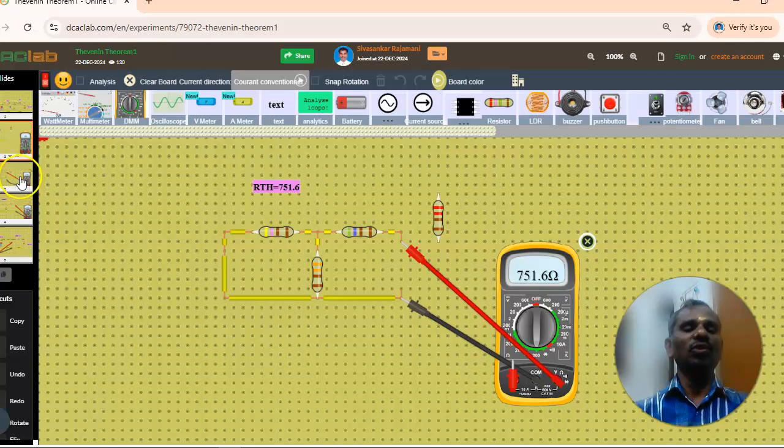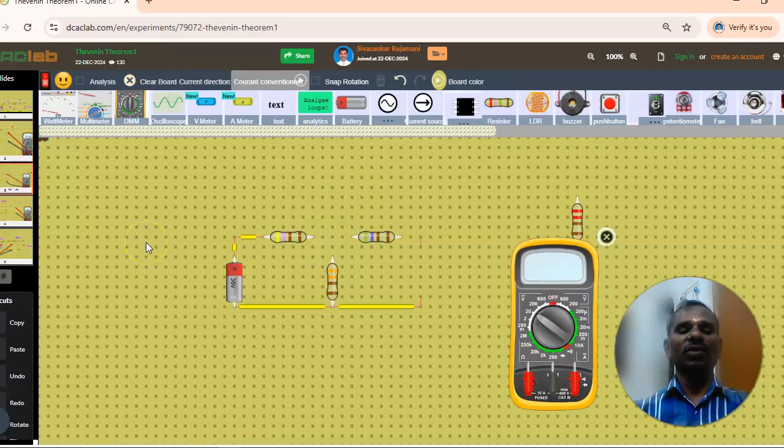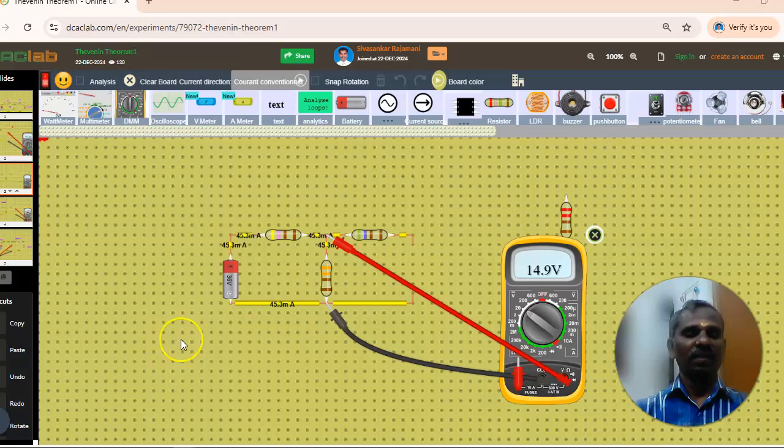Now we'll look into the VTH value. And we can see that the VTH is 14.9 volts.